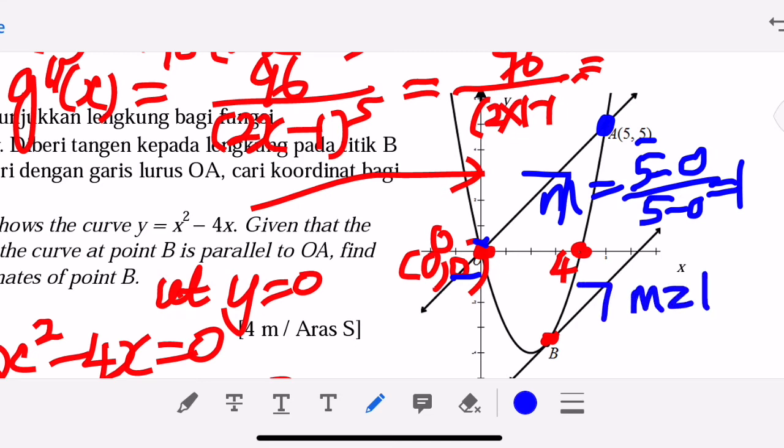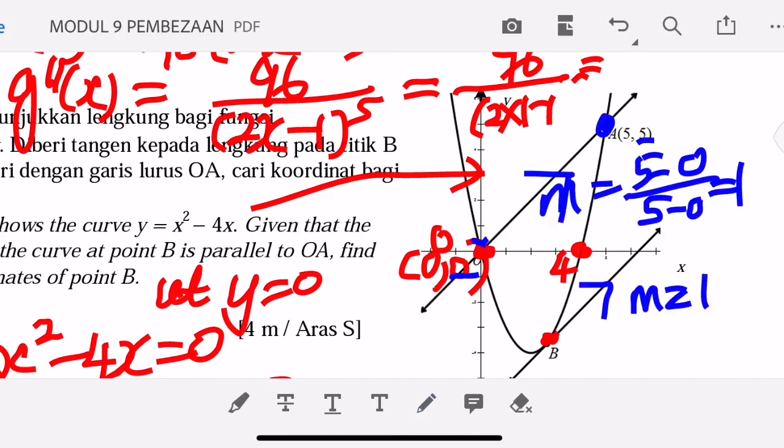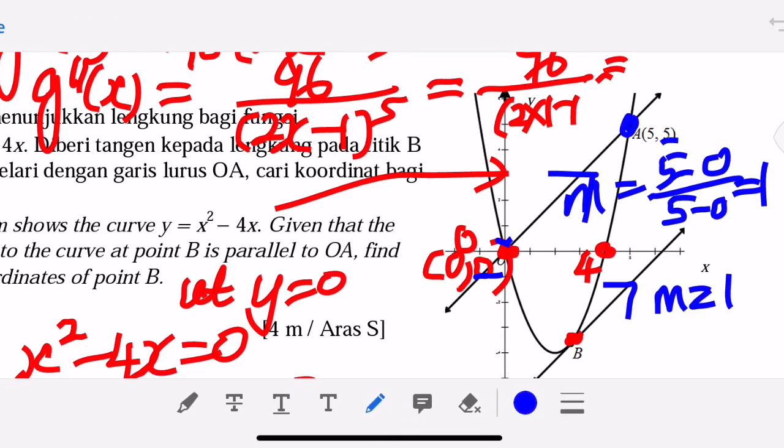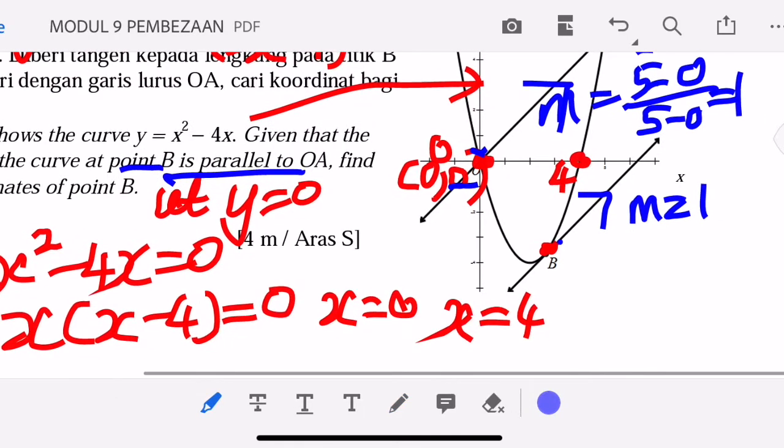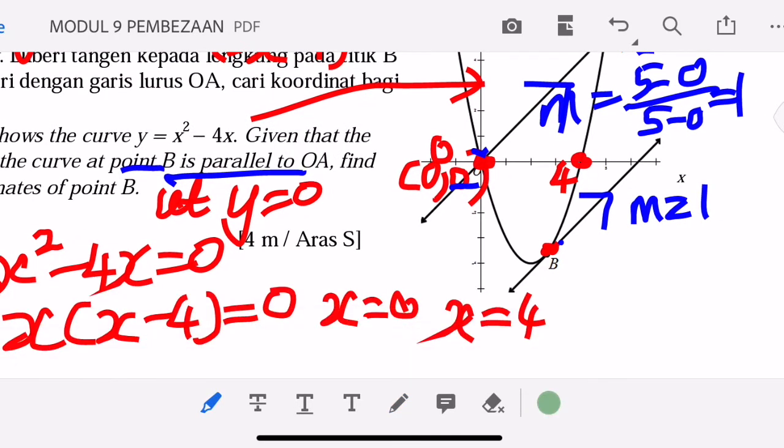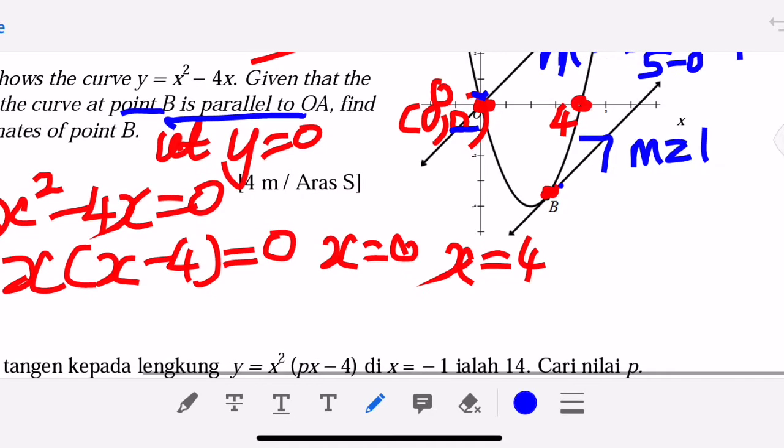Okay, so let's see. The condition is they are parallel. Look at the question. Okay, the tangent at point B is parallel to OA. So now we already got the gradient for the tangent. This is so-called tangent.